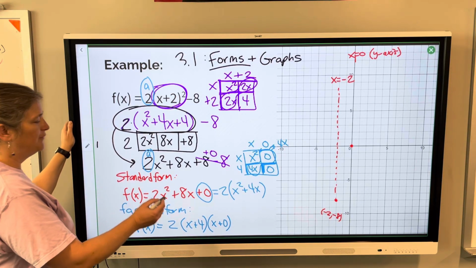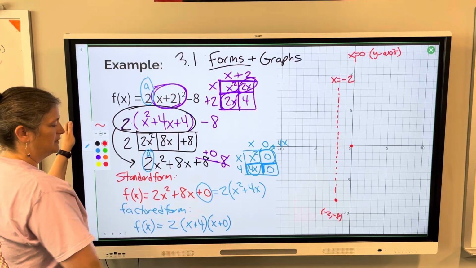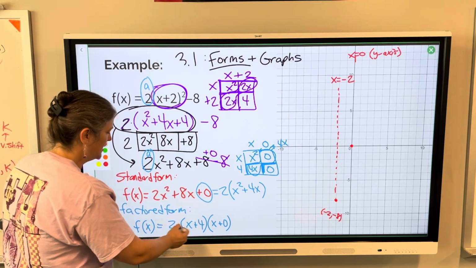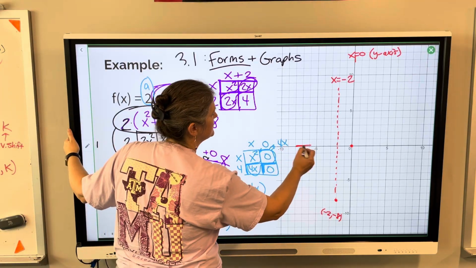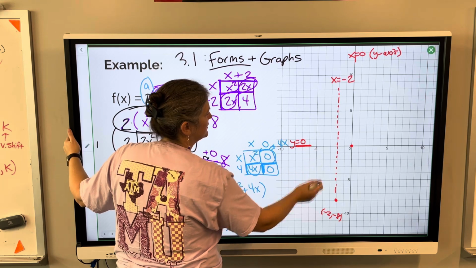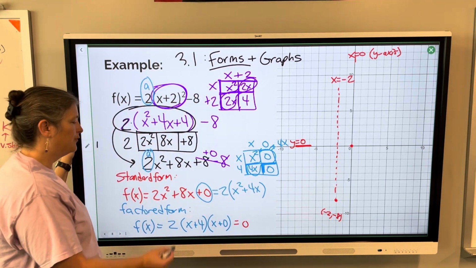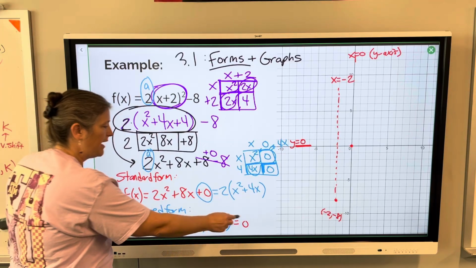Now I'm looking for the values in order to graph this factored form, which will tell me what makes it equal to 0. This is y equals 0. This line here, the x-axis, is the y equals 0 line. So I'm looking for where on the x-axis will output 0.